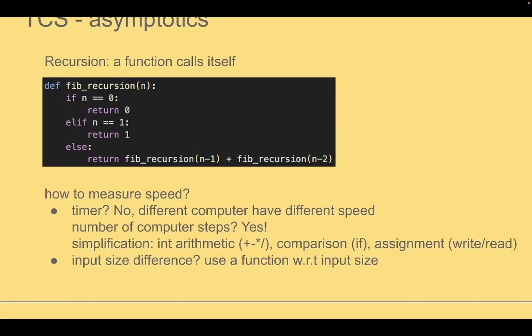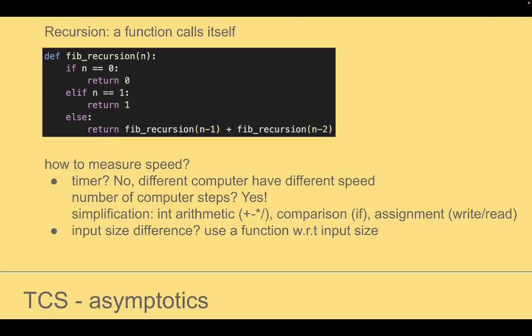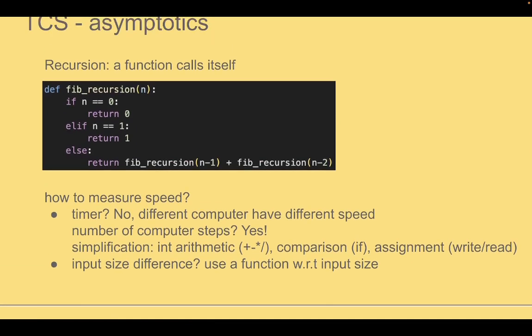The input is n, and there are an if and an else. We return the sum of the last element and the one before the last element. This is really easy.